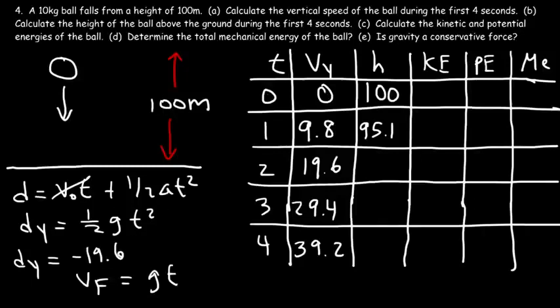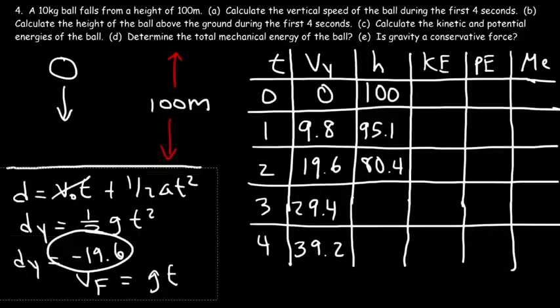So now let's calculate the height 2 seconds later. So if the displacement is negative 19.6, we need to subtract 19.6 from 100. So the height 2 seconds later is now 80.4 meters. What about 3 seconds later?